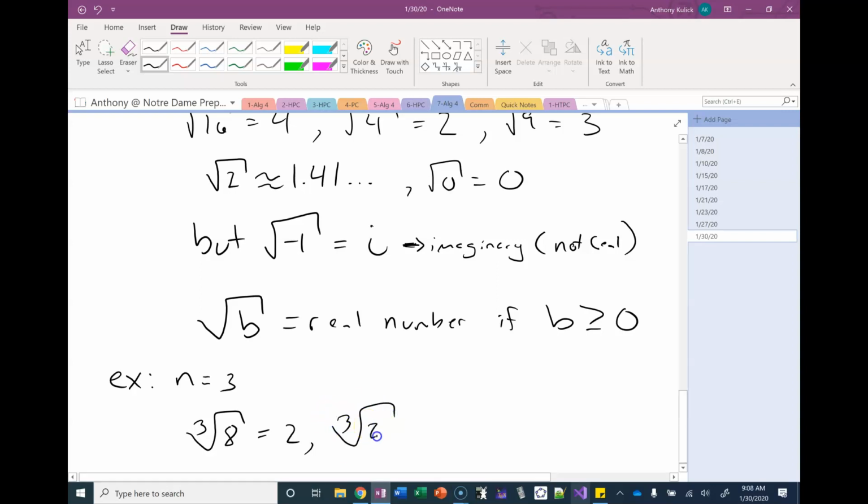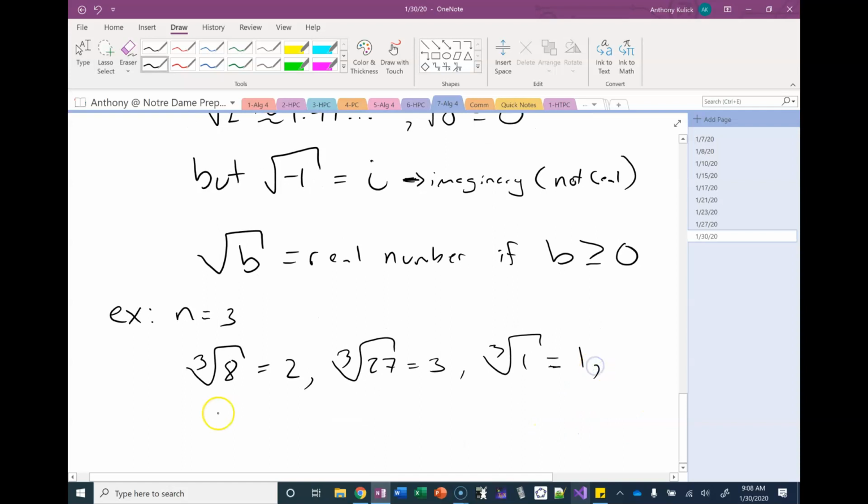So the cube root of 27 is 3. How about 1? What's the cube root of 1? Just 1. Okay. What about the cube root of negative 1? Can we do that?